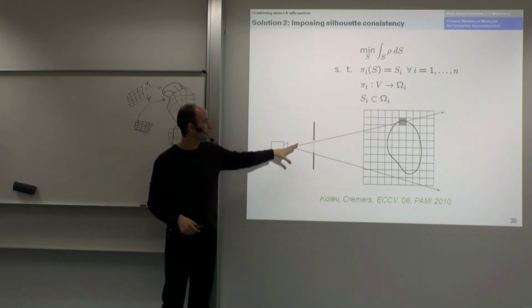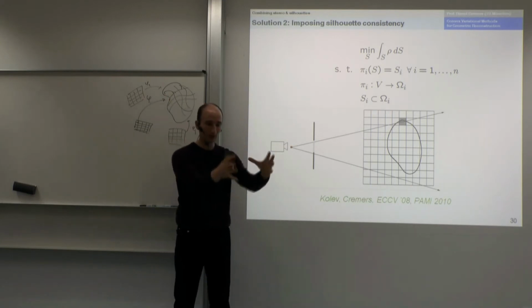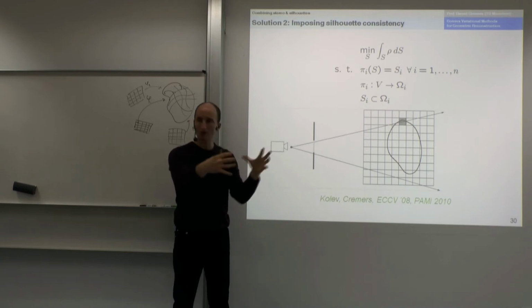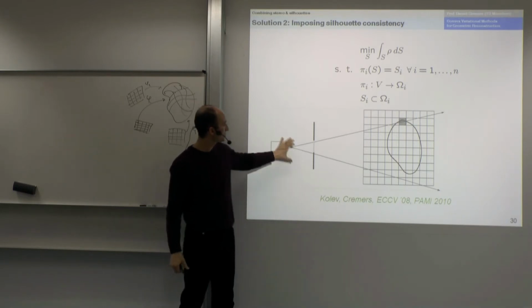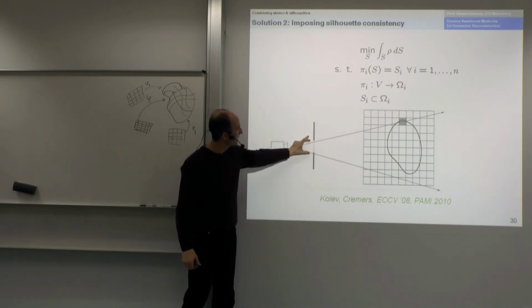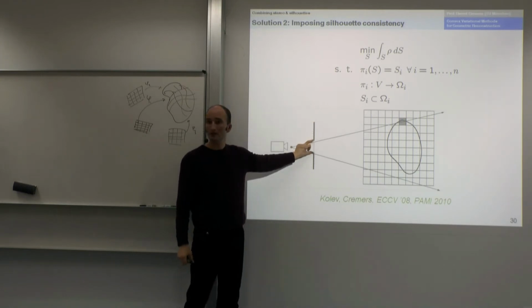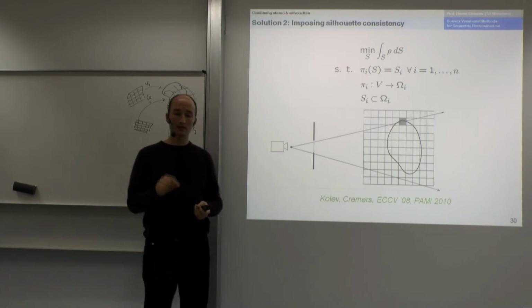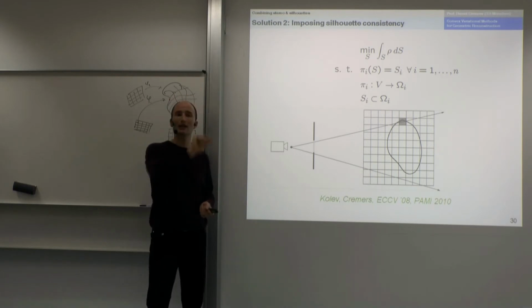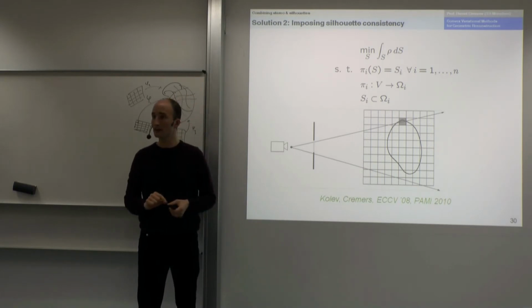And so in this approach, we assume that the object we want to reconstruct is compact and has a finite size in some sense. And so we assume that in our image plane, we have the silhouette of the object. We know the object is in this area because we see the object. So we're assuming here that in each image, you can actually outline the boundary of the object.